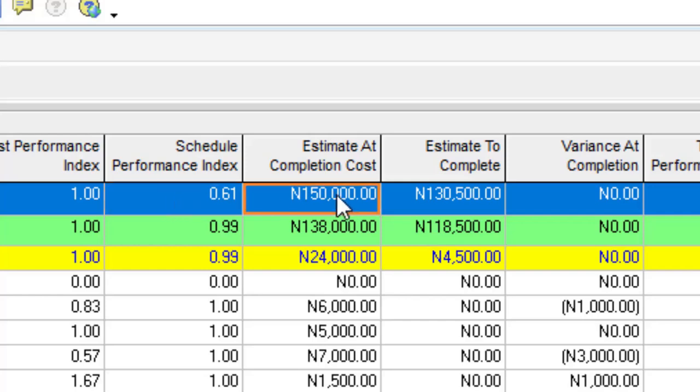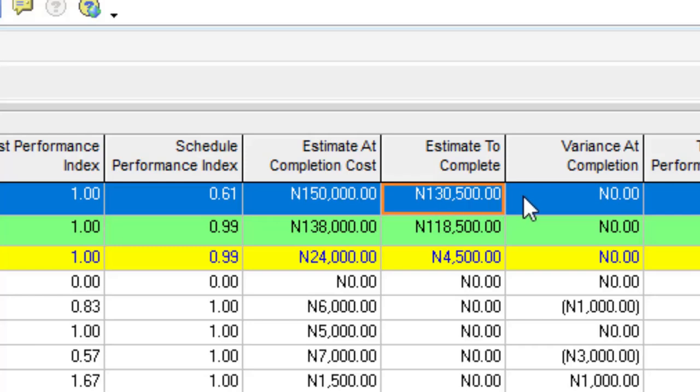If things continue this way, our estimate at completion would be 150,000. Now, this 150,000 is how much we're now forecasting that we will spend by the time we are done with this project. And that therefore means that we need about 130,500 to complete the remaining portion of work based on the reports that we have given so far.